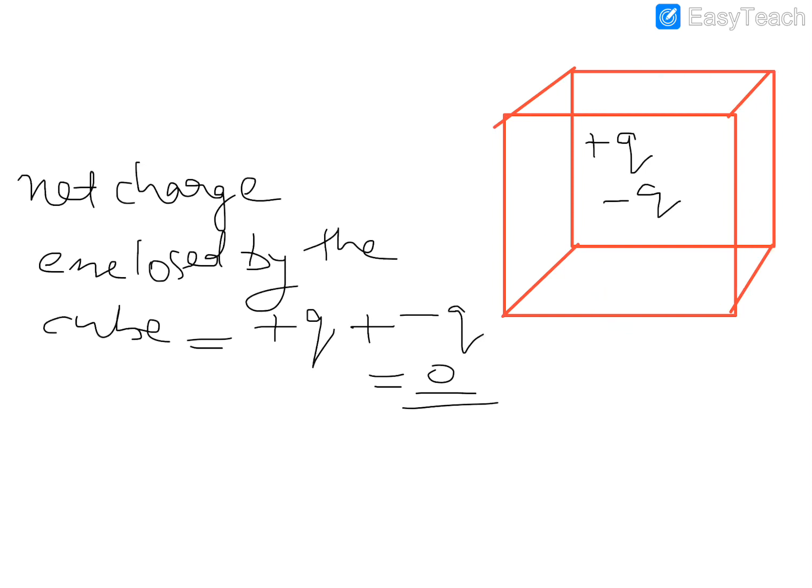Closed surface means all the sides are closed. So in order to find the net charge enclosed by a closed surface, you need to consider all the charges inside that surface. If there is a plus q here, a minus q here, and a plus 2q here, what is the net charge enclosed by the cube?